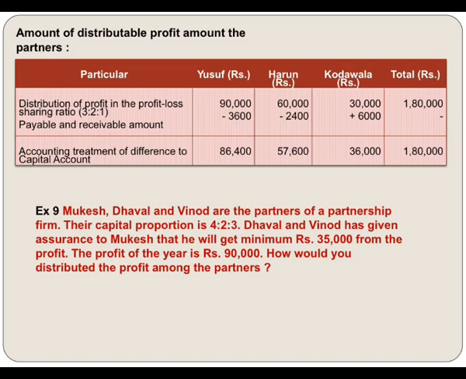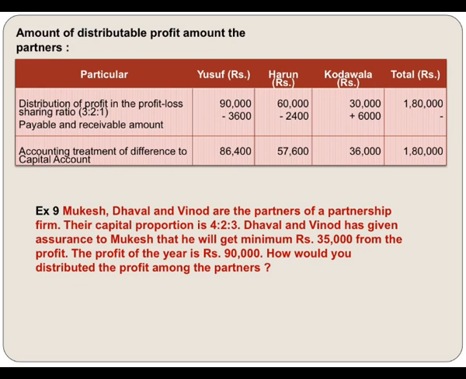So now make a table like this: particulars, Yusuf, Harun, Kodawala, and total. Distribution of profit in the profit sharing ratio as per the above calculation is 90,000, 60,000 and 30,000 for Yusuf, Harun and Kodawala. Now we have to add 6,000 in Kodawala's column, and 3600 and 2400 in their profit and loss ratio of Yusuf and Harun is deducted from their share.